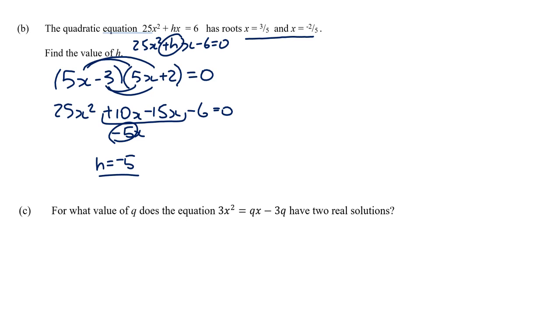Yep. Other ways that I've seen: substitution. Yeah. So 25 in brackets 3 over 5 squared plus h in brackets 3 over 5 is equal to 6. And then I just chucked the first part into my calculator, which gave me 9.